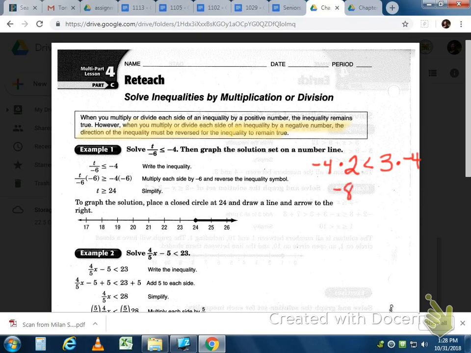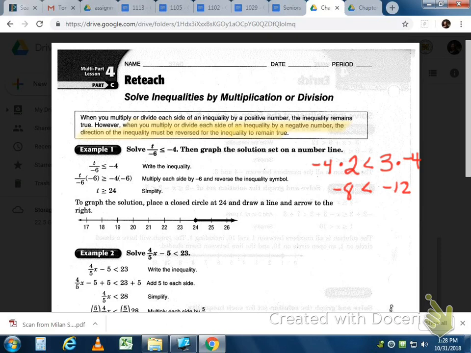On the right, 3 times -4 is -12. Now, if I leave my inequality the same, we're saying that -8 is less than -12. Is that true? No. Look at the number line. No. And it's because the negative side of the number line is in reverse, isn't it?